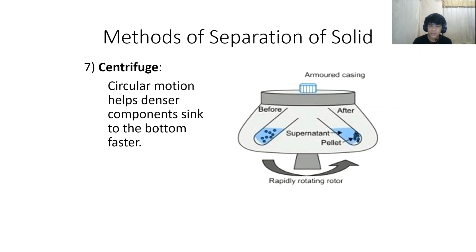Before, the pellet was scattered inside the tube, and after it is rapidly rotated, the pellet became denser and sank to the bottom. For further knowledge about centrifugal separation, here's the video to show how it works.